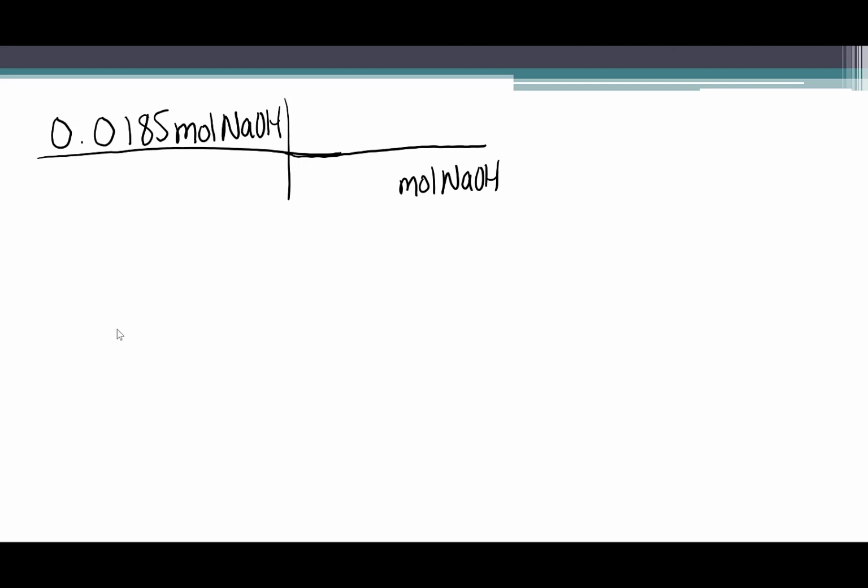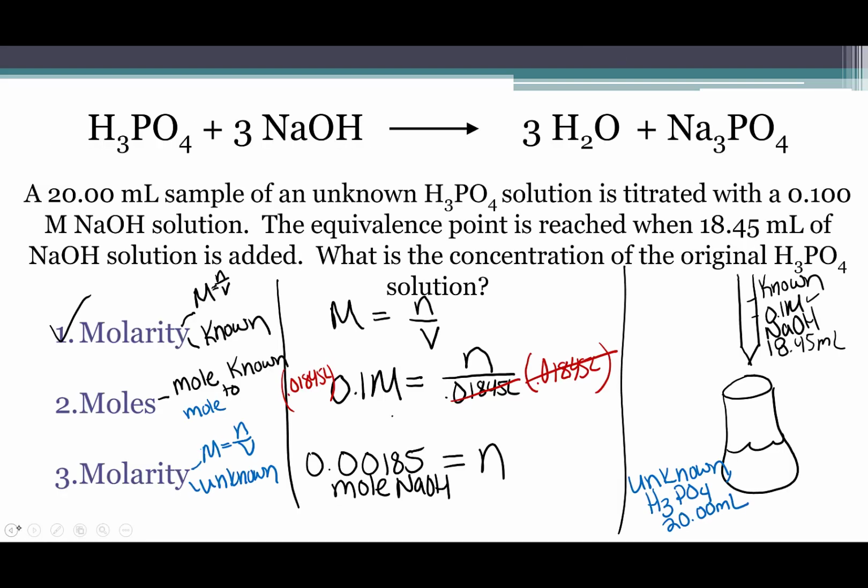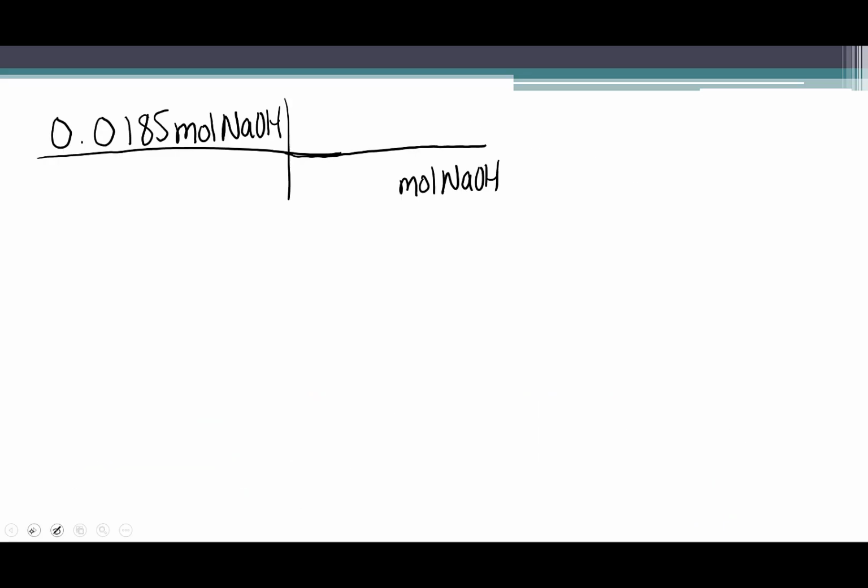Now we go back to our equation, our problem, and NaOH was our known. Our unknown was the H3PO4. So let's go ahead and put that on top.